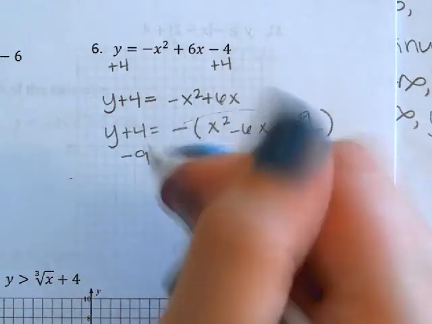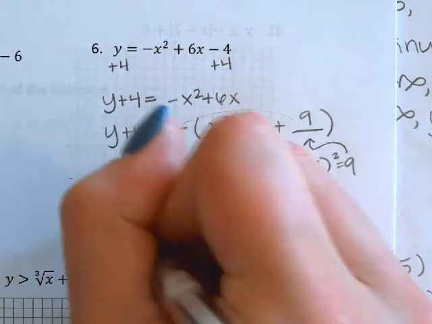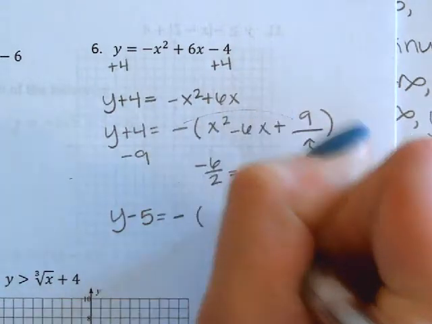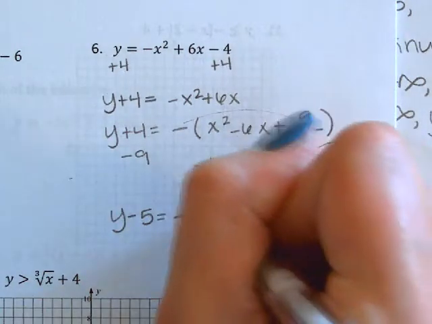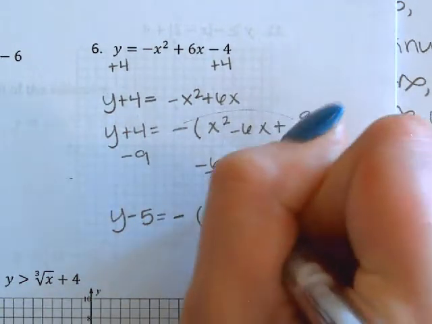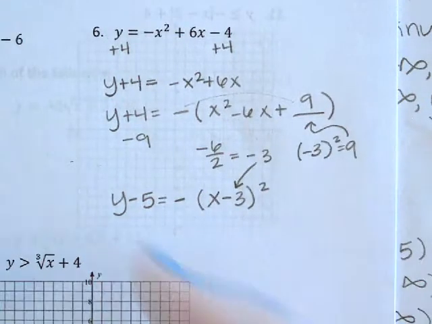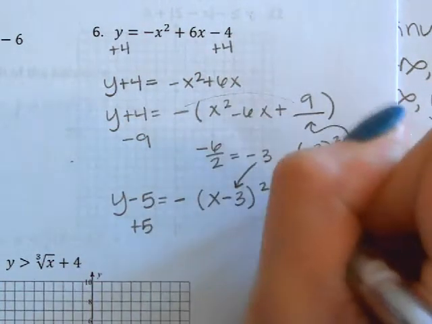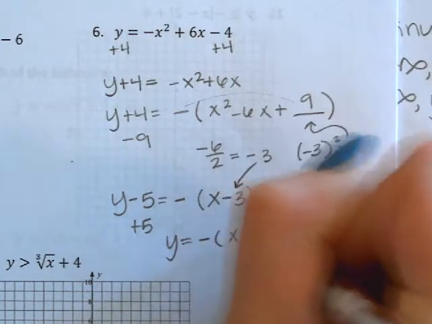And so now I don't have y plus 4. What do I have now? Y minus 5 equals negative of something squared of x minus 3. Perfect, right? Because that number, whatever we got when we divided by 2, that's what goes in parentheses. And then we add the 5 over. And then, now that all of that work is done, now you can say the transformations.